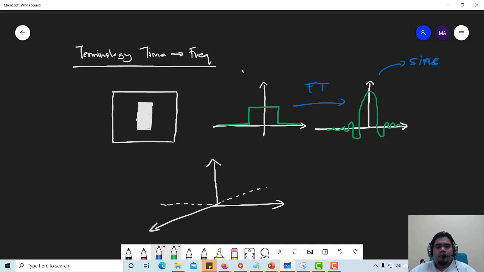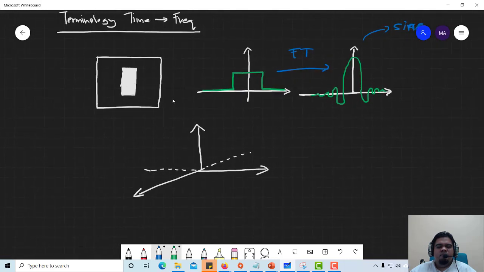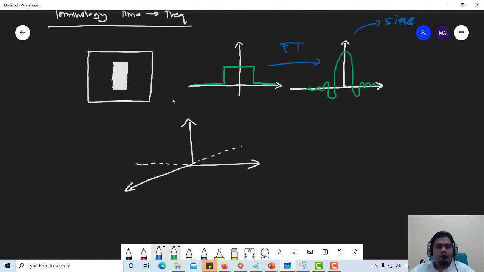So if this one converts into a sinc function, then the two-dimensional version, when converted with the Fourier transform and drawn in 3D, should be a two-dimensional sinc function. It might look like this.